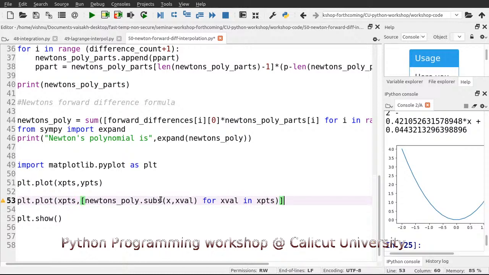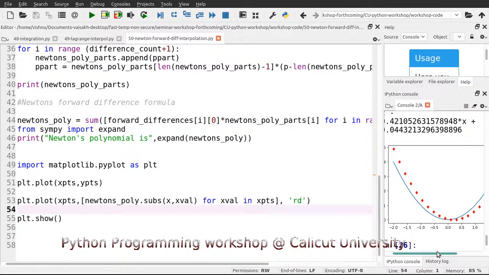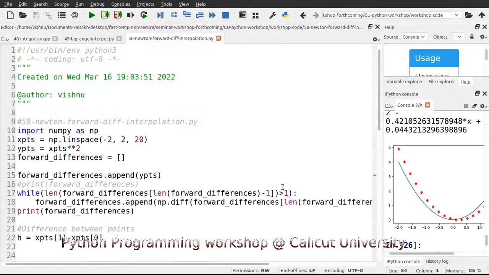This is done. Plotting is done. Let us change the color to red, diamond to C, and see if it's appearing properly. Seems to be somewhat okay. Not perfect, but somewhat okay.